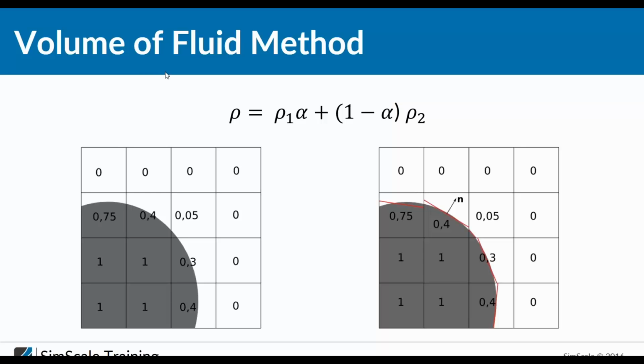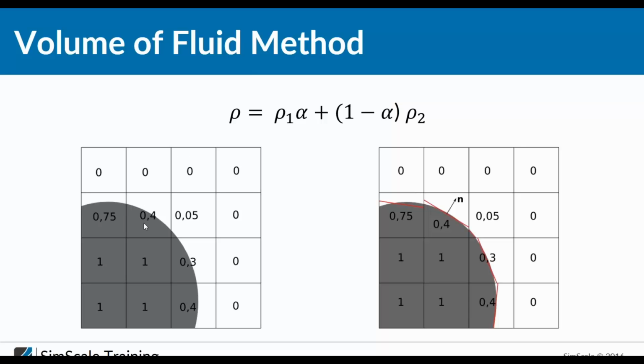Let's take a look at this to understand really what alpha means, because alpha is just describing the volume fraction. Let's imagine what you can see here is a domain, and the gray part of the domain is a water droplet, and the white part is the surrounding air. Then 1 means that the full cell is filled with water. 0 means the full cell is completely filled with air.